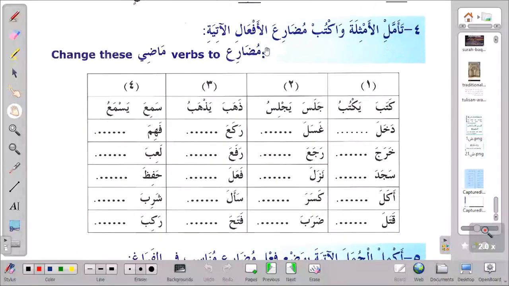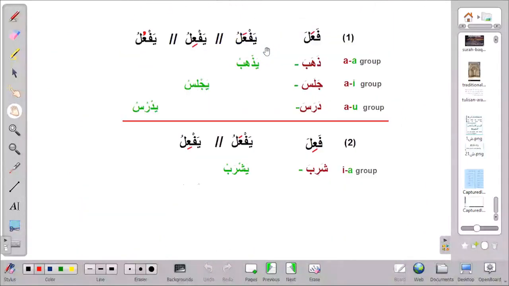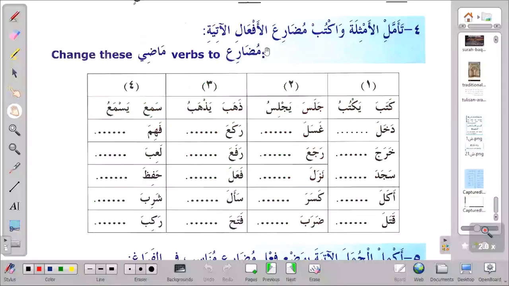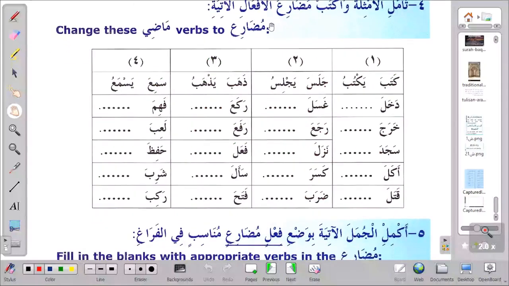If you don't understand this particular chart, please try to go over it again and repeat the explanation, and inshallah, it will be fine. But if there are any problems, you can draw our attention, inshallah. Now look at here. Kataba yaktubu. So fatha. See. Kataba yaktubu. Jalasa yajlisu.